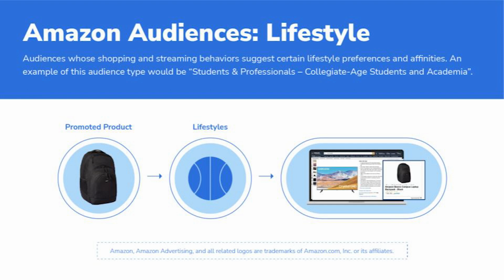So in this example, if you have a backpack or any product that's related to going back to school, and this particular person in this audience segment is looking for a television, as you can see in this example, even though they're looking for a television, the ad is going to be for your backpack. And again, that's because Amazon knows that this particular shopper has been looking for those types of products.